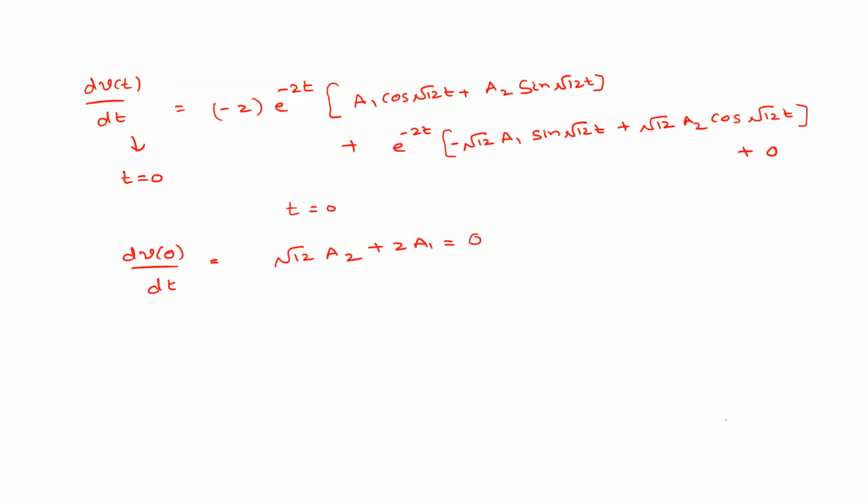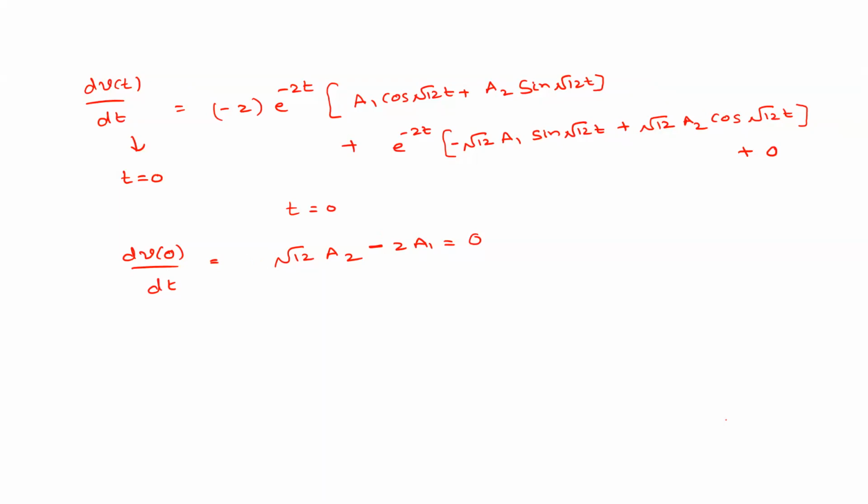There is a negative sign before 2A1, minus 2A1. Root 12 A2, the sign before is plus. So root 12 A2 minus 2A1 equal to 0.